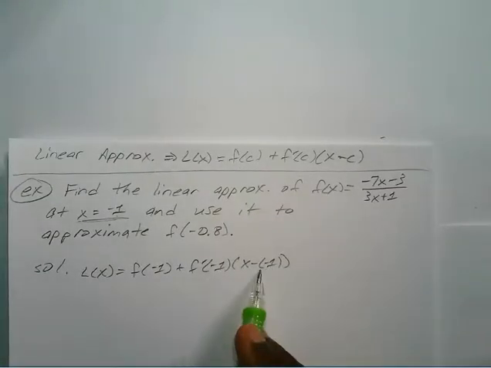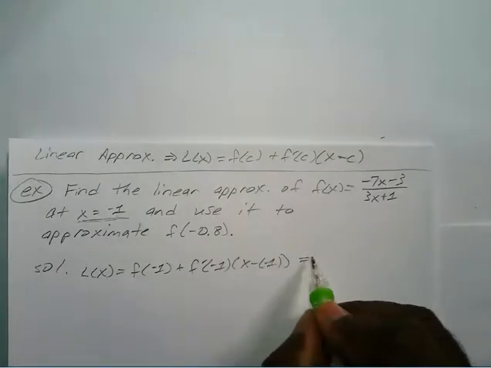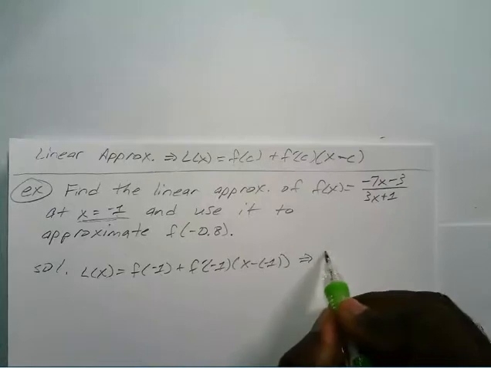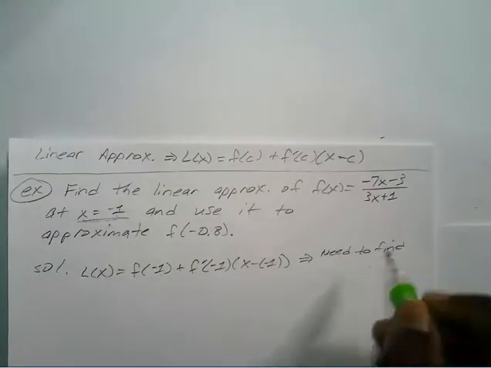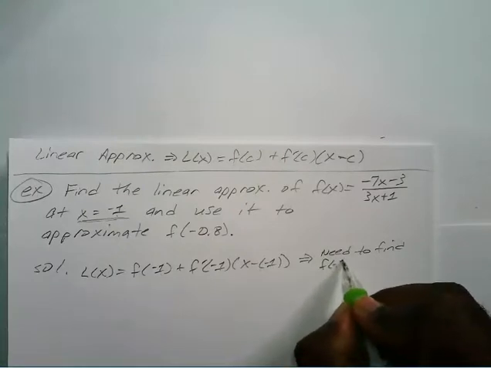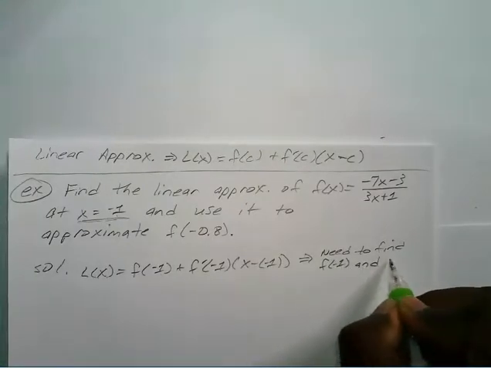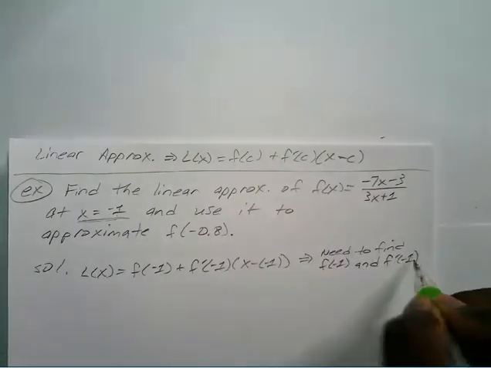You could have put x plus 1, but I just wanted to not skip any steps. So in order for this to be useful, we need to find f of negative 1 and f prime of negative 1.